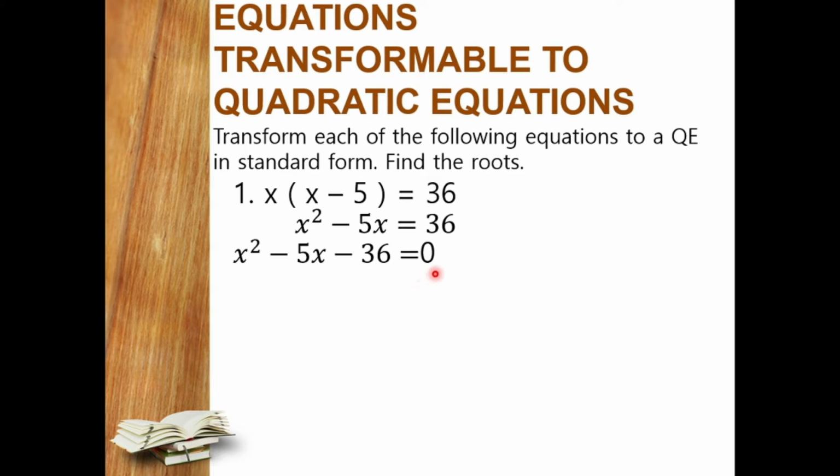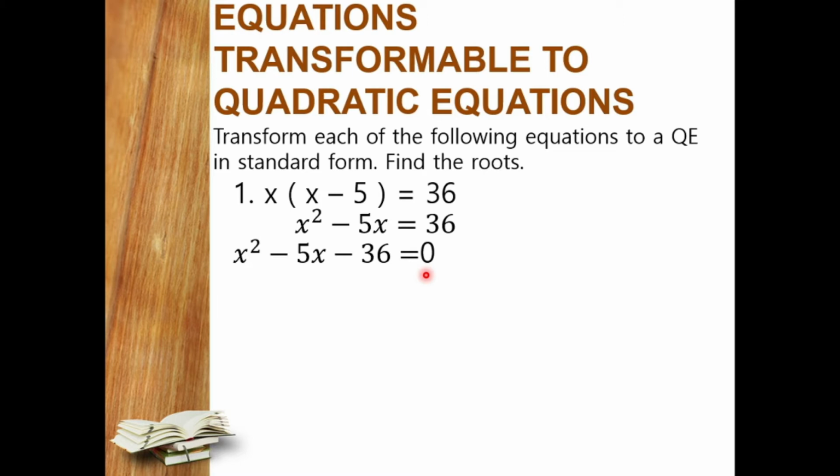So from here, since it is already written in standard form, you can now solve for the roots. Let us have the factoring method. Using the factoring method of solving quadratic equation, we have x squared minus 5x minus 36 is equal to 0. So what are the two binomial factors of this equation?